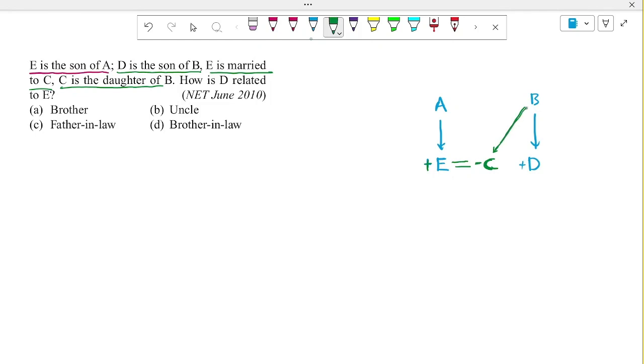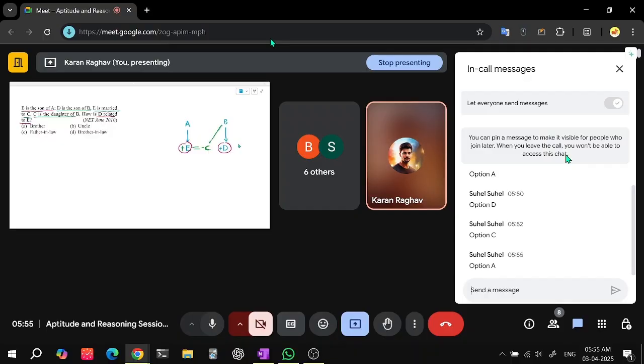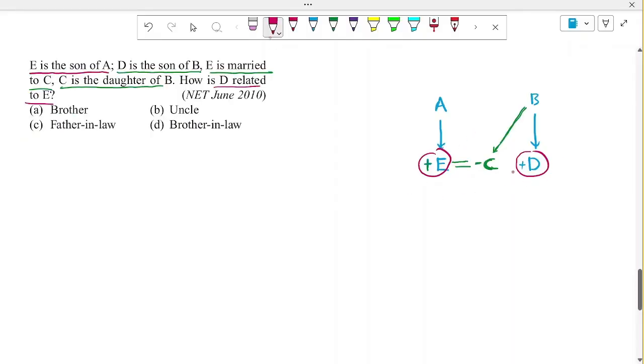Right. Then what is the question? Question says that how is D related to E? How are these both related? Anybody? Any answers? Brother? You see clearly. Actually, these both are brother and sister.